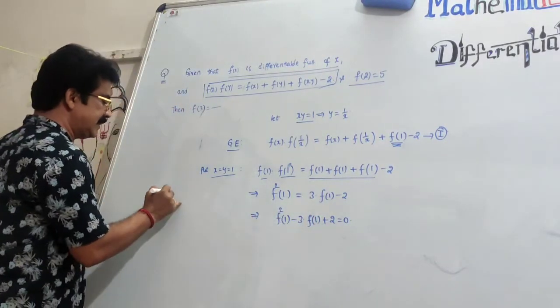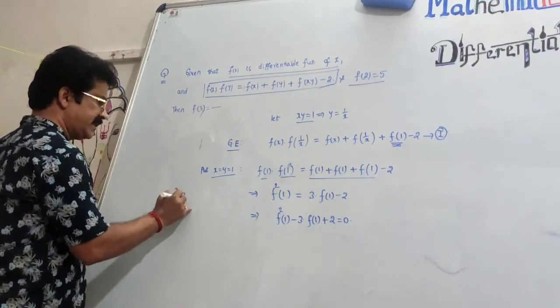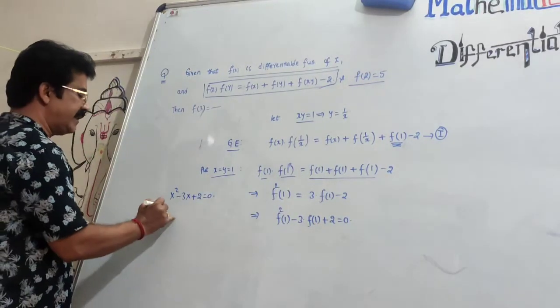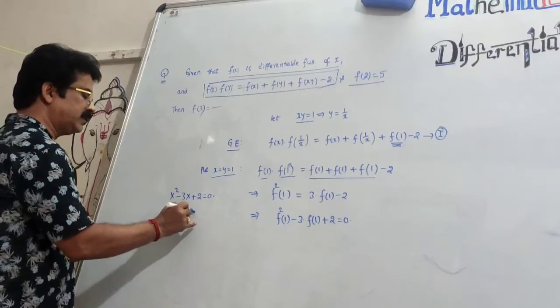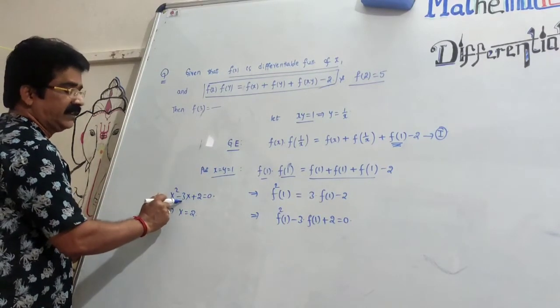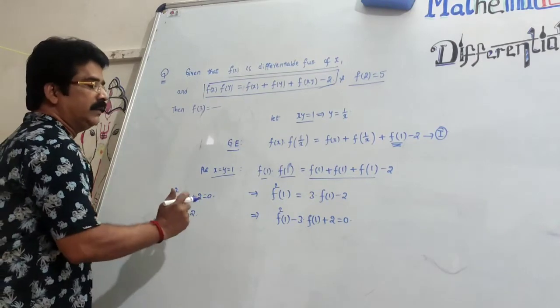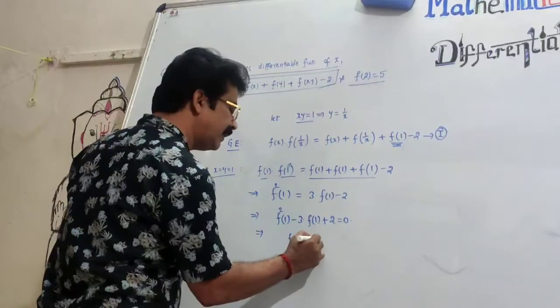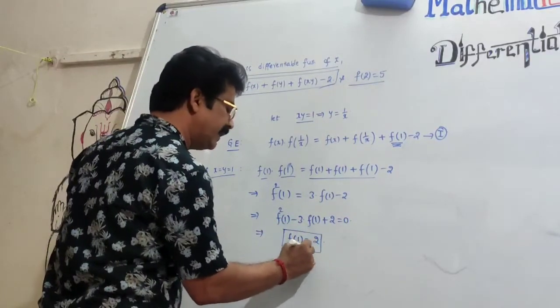It is just like x square minus 3x plus 2. So clearly we see that X equal to 2 is a solution. 2 square is 4, minus 6, plus 2, proper 0. So therefore clearly we see that f of 1 is equal to 2. Put in the box.